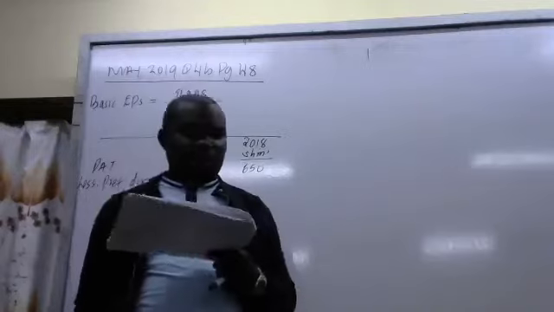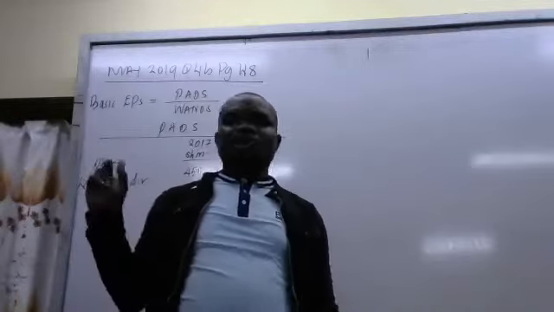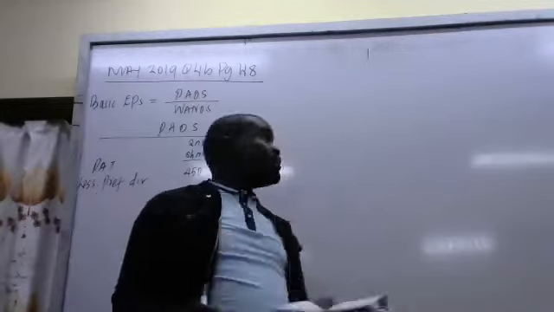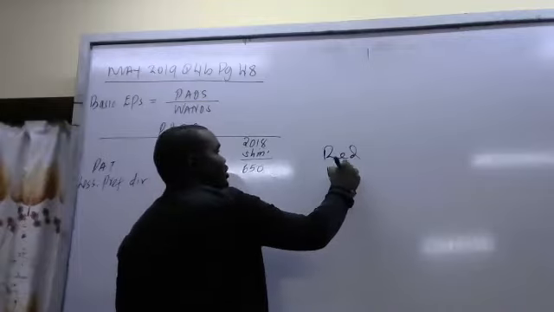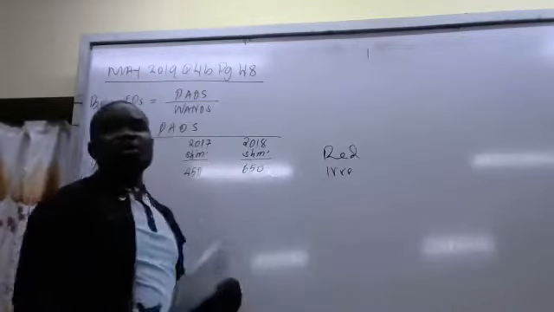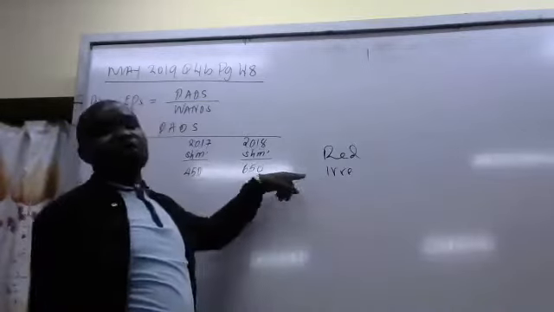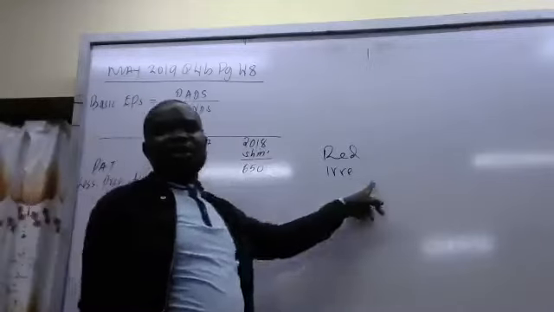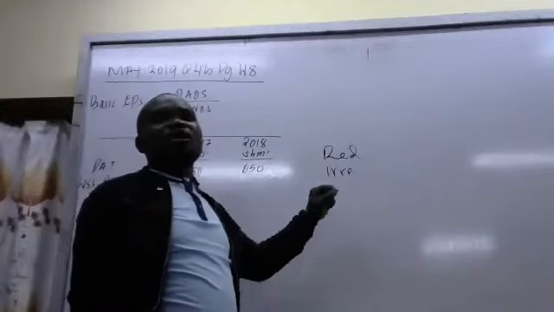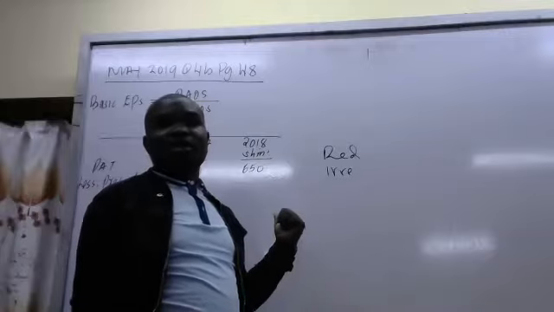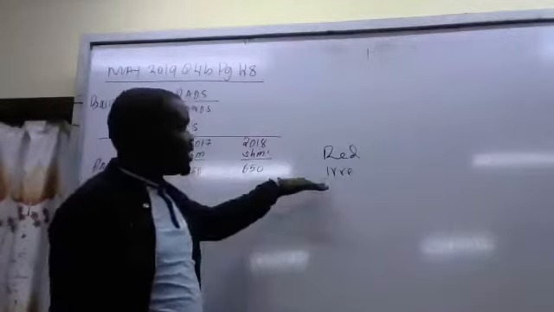There is something I need to clarify there. Preference shares normally come in two types, redeemable and irredeemable. Irredeemable are preference shares whose holders will be in the company as long as the company is in existence. They are more or less like ordinary shares.